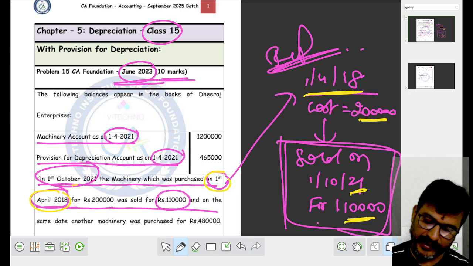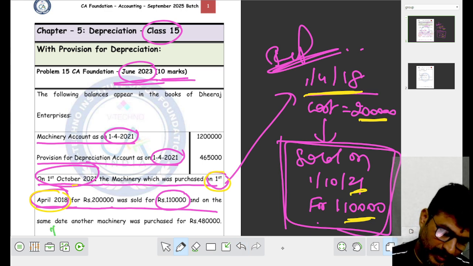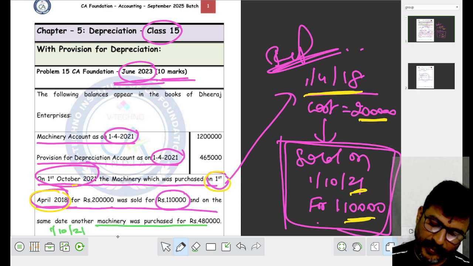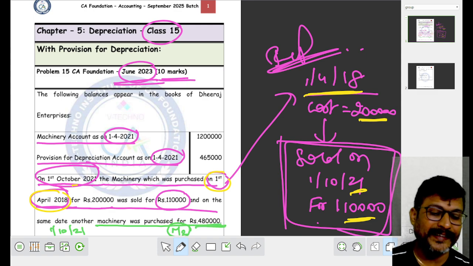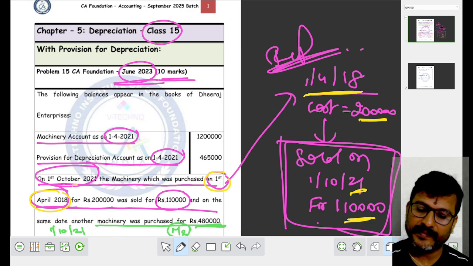On the same date, my dear children, on 1st October 21, another machinery was purchased, means M2 is purchased for 4 lakh 80,000 rupees.